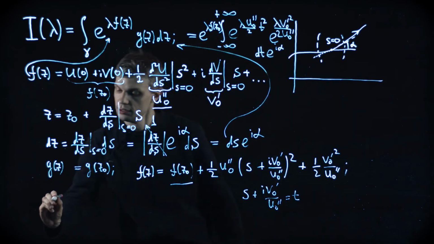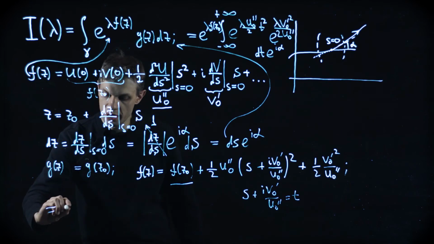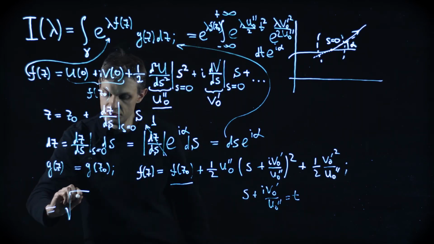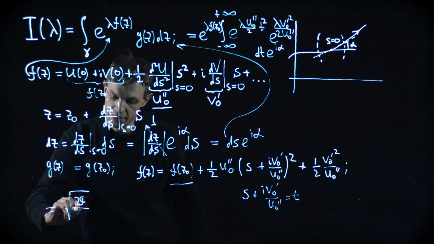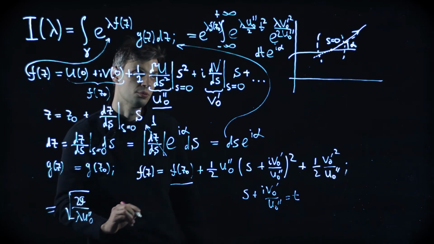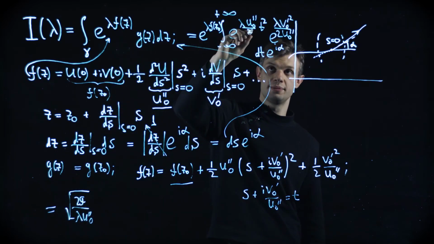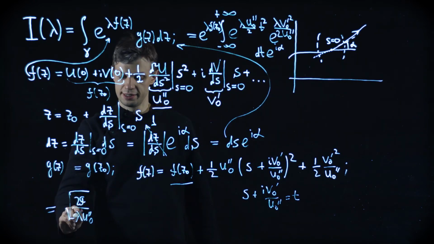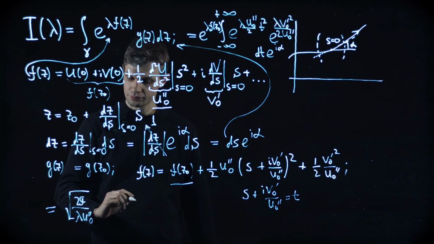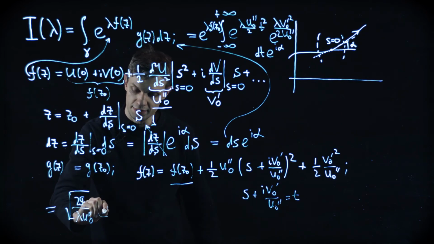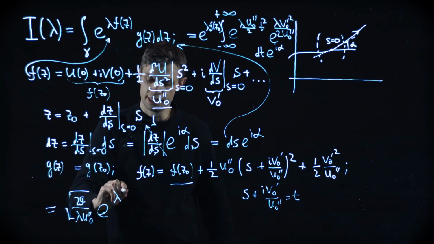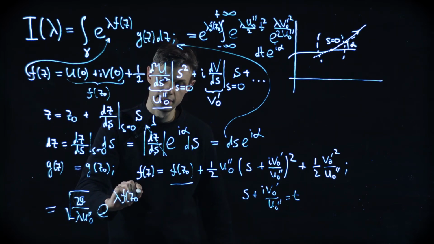And the answer is trivial. It's the Gaussian integral, so it's the square root of 2 pi divided by minus lambda u prime prime naught. Since it was a maximum, u prime prime is always negative, hence the minus sign. And now there is a principal exponential contribution e to lambda f of z naught.